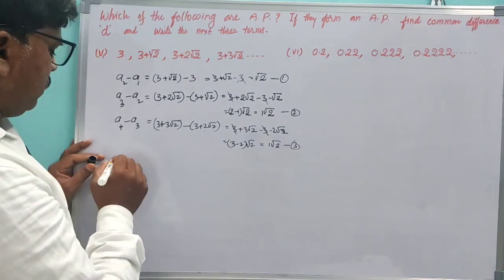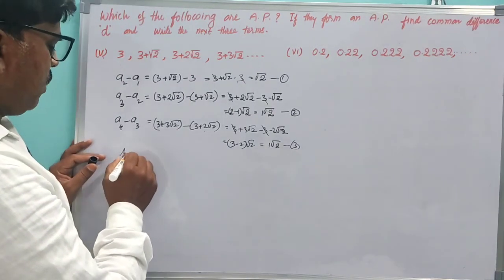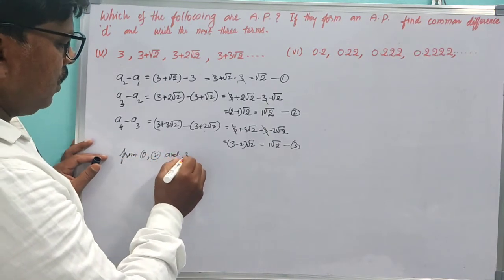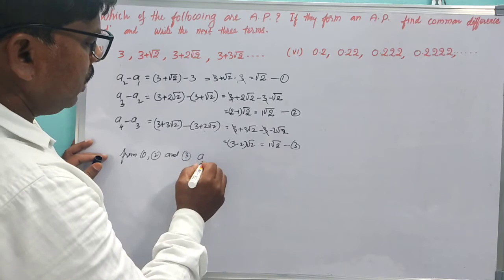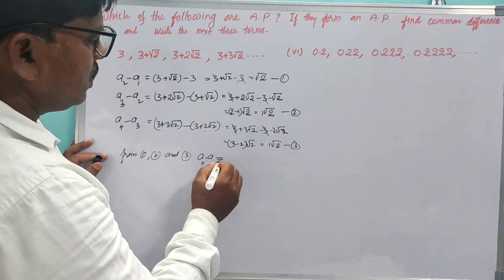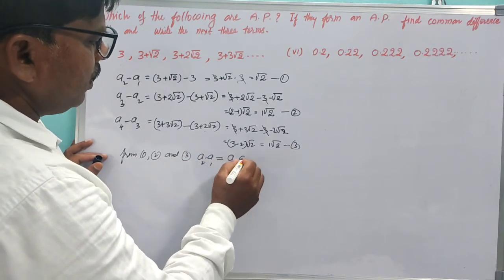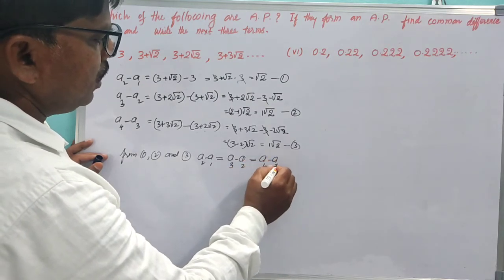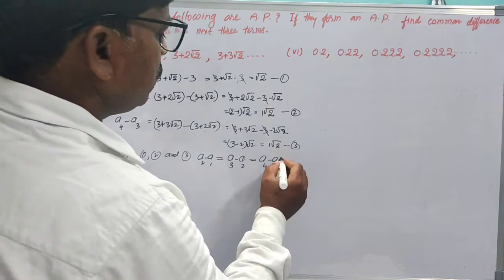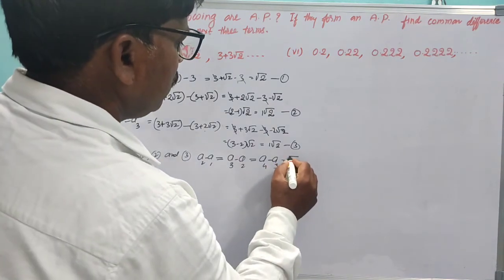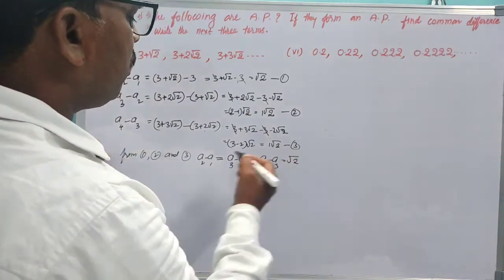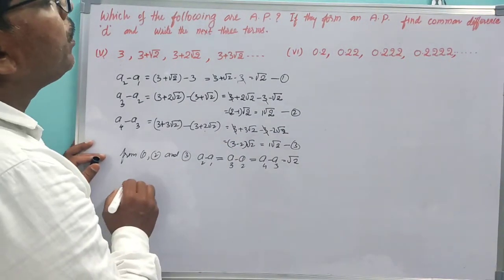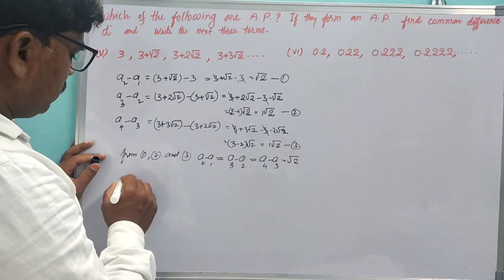So therefore, from first, second and third, we got a2 minus a1 is the same as a3 minus a2, also the same as a4 minus a3, which is equal to root 2. So this is the common difference. Now the next 3 terms.